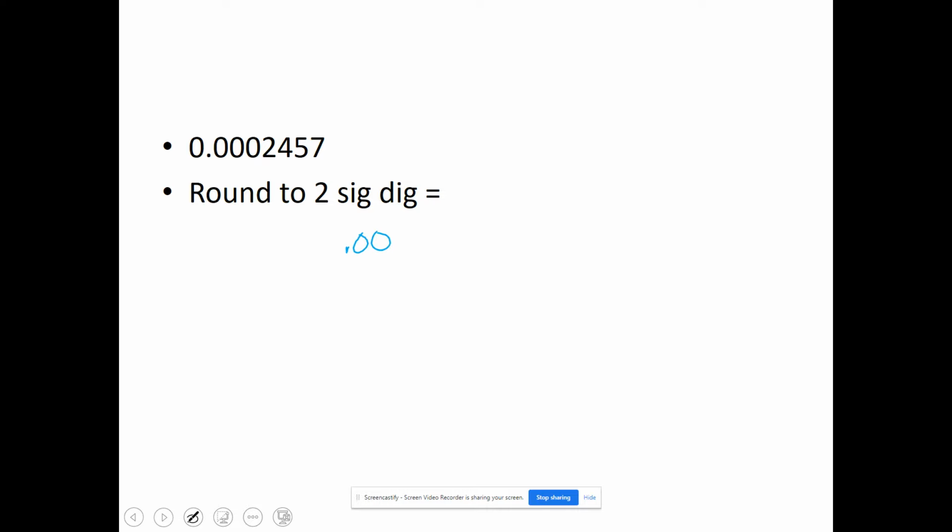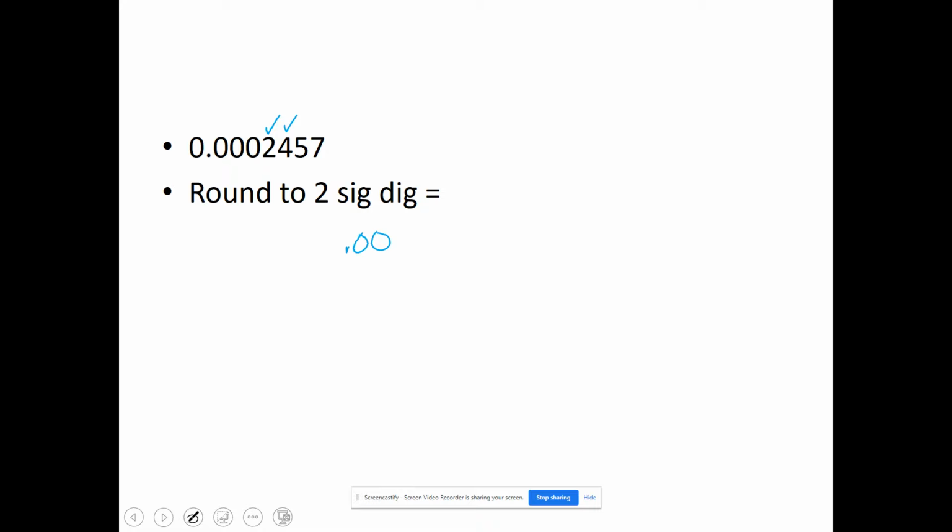Remember, starting zeros don't count. So anytime you're doing this, find the first non-zero number. So whenever you're counting sig digs, always find the first non-zero number and then start counting. So there's 1 and there's 2. So there's the 2 numbers that I need to write down. I just need to decide whether the 4 rounds up or stays the same.